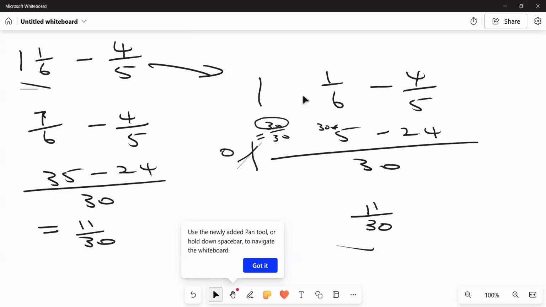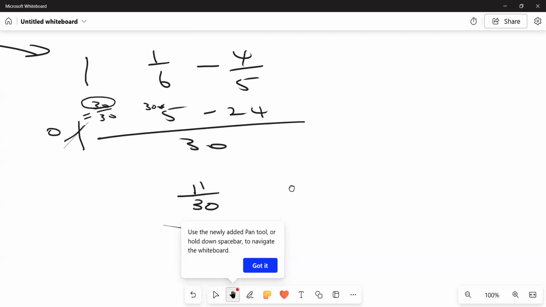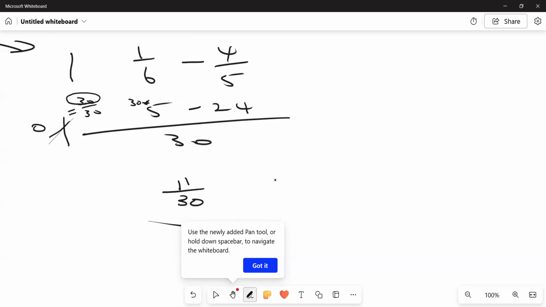But this is a little complicated for a lot of people, seeing this 1 as 30 over 30. So let me clarify a little more. What you have here is 1 plus 5 minus 24 over 30.